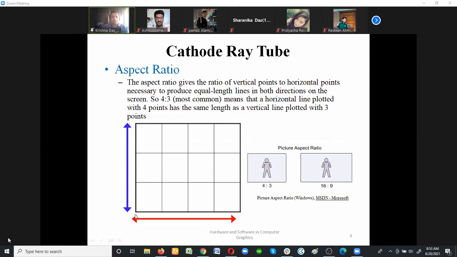As we know, on the screen we can define the x and y coordinates and distribute them along the vertical and horizontal lines with equal lengths, and their proportion, length to height, is the aspect ratio. In the example on the screen, 4:3 is the aspect ratio, indicating that the horizontal line is divided into 4 points, while the vertical line is divided into 3 points.